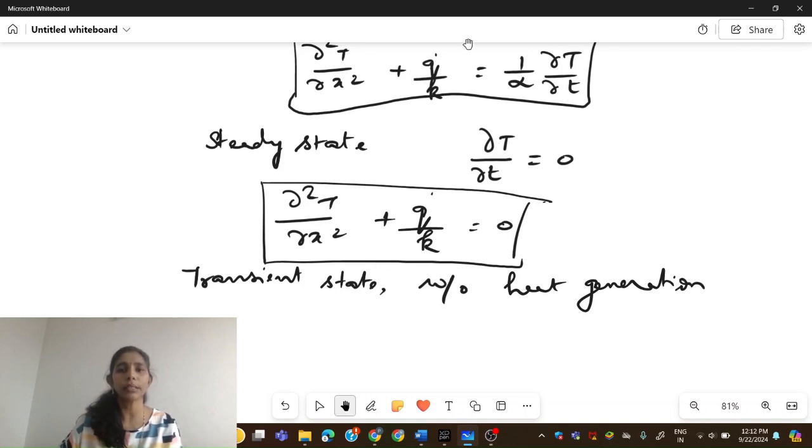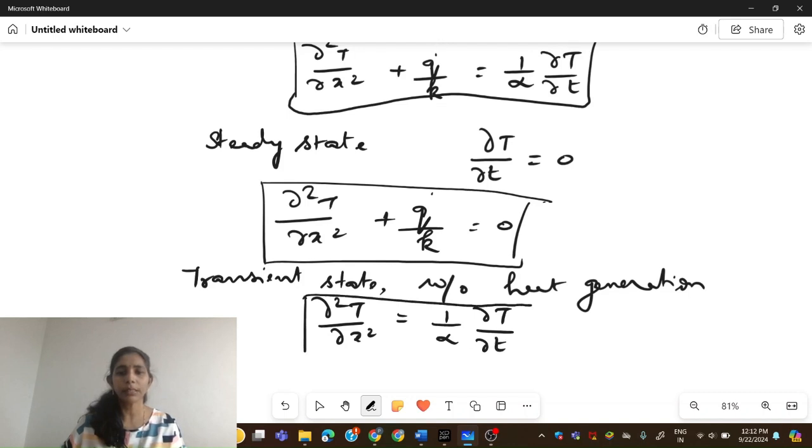This heat generation term will go away, right? So you will get dou square T by dou x square, you won't be getting the second term, equal to 1 by alpha, because it is transient, you have the variation of temperature with respect to time. That's all.